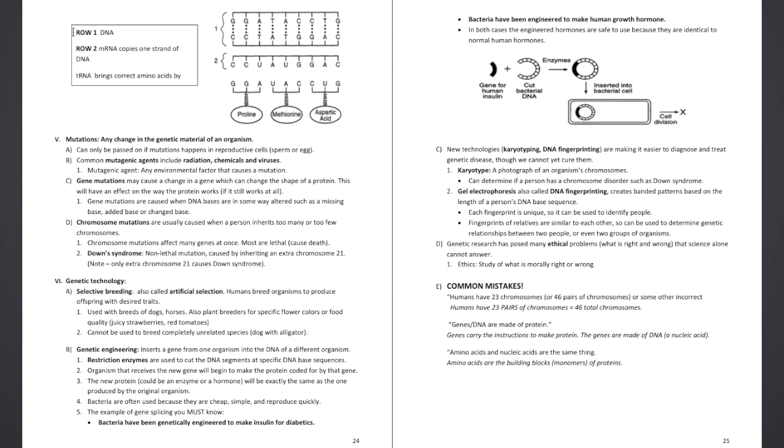Row 1, DNA. Row 2, mRNA copies one strand of DNA. tRNA brings correct amino acids by matching bases.